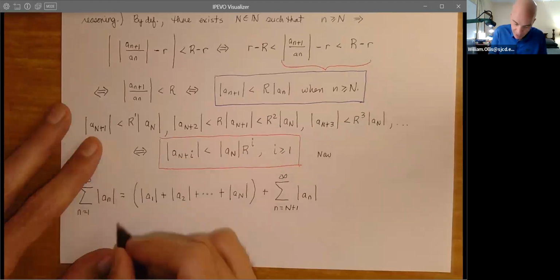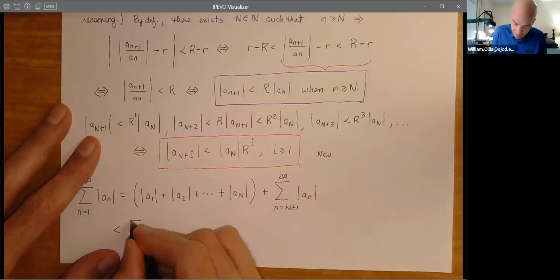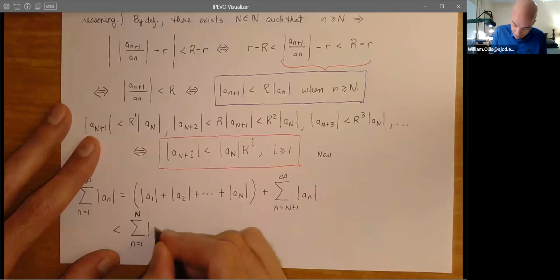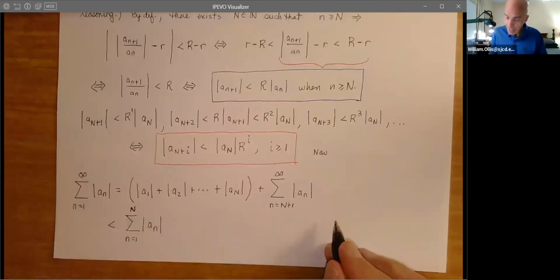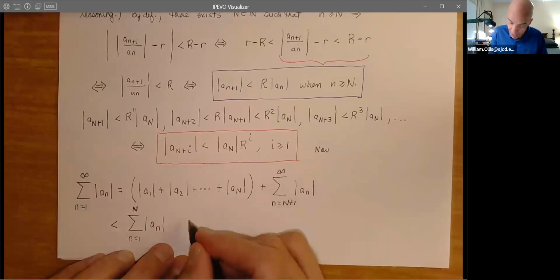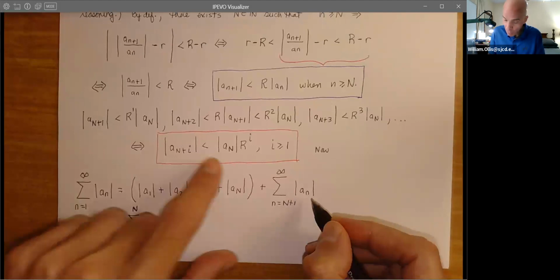This will be less than, and now I'm just going to write this as a finite sum, n equals 1 to uppercase N. Right there, these are equal. And then I'm doing the upper bound here. So this will be less than, well, we've got the less than, so plus, put in the upper bound for this right here.